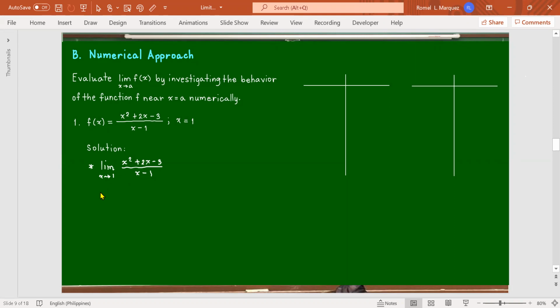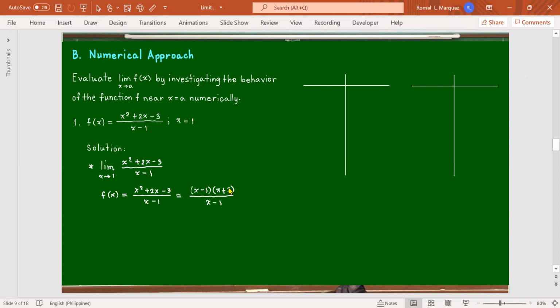So we have x squared plus 2x minus 3 all over x minus 1 is equal to x minus 1 times the other factor, which is x plus 3, all over x minus 1.